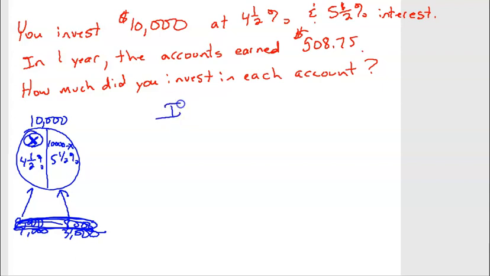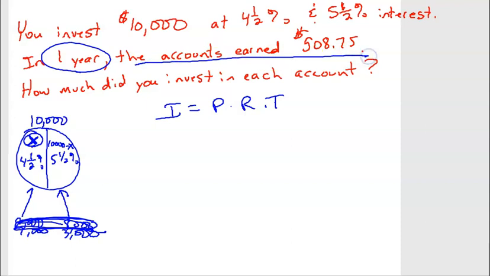One of the formulas you should recognize is I equals PRT. You can go back to that formula sheet and look at that. Time is 1 year, so that makes life very easy. Also, the two accounts together will equal $508.75. So the interest from account X plus the interest from the second account will equal $508.75.